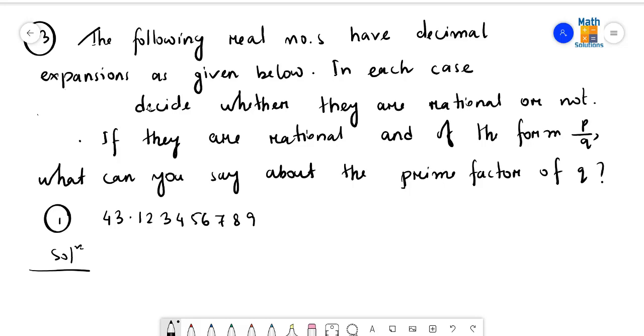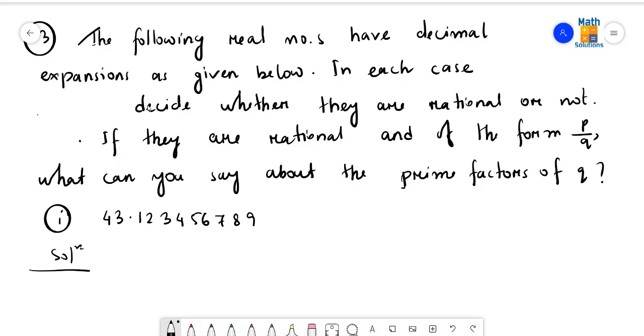It says that the following real numbers have decimal expansions as given below. In each case, decide whether they are rational or not. If they are rational and of the form p by q, what can you say about the prime factors of q? So here is the first question, I mean Roman 1. The expression given here is 43.123456789.